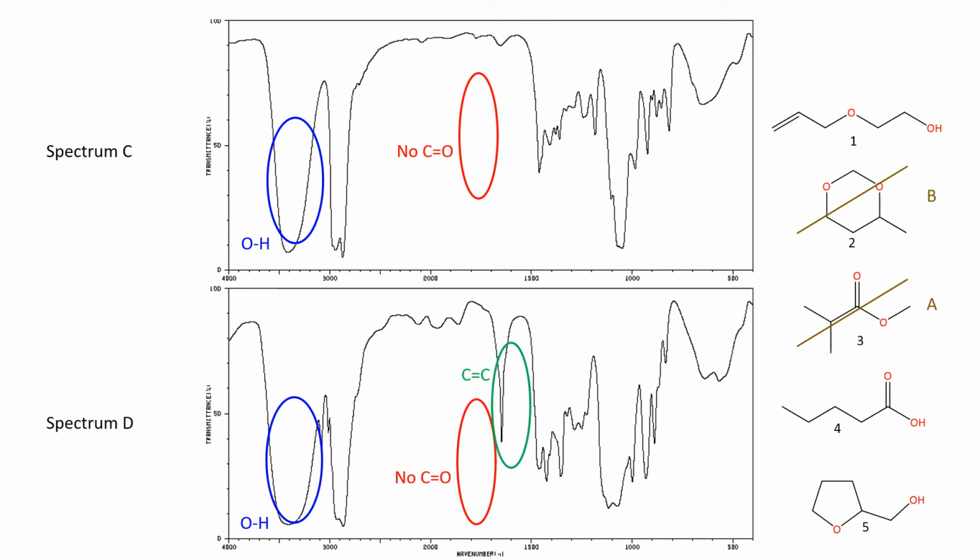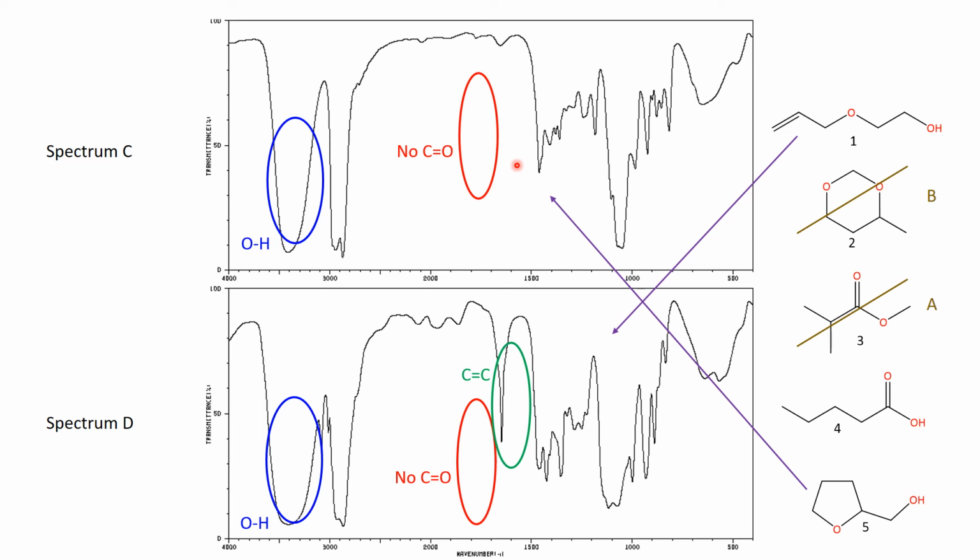So I would go ahead and say that's my carbon-carbon double bond. Thus, compound 1 corresponds to spectrum D because it's got the carbon-carbon double bond, and compound 5 corresponds to spectrum C because there is nothing in that carbon double bond something region.